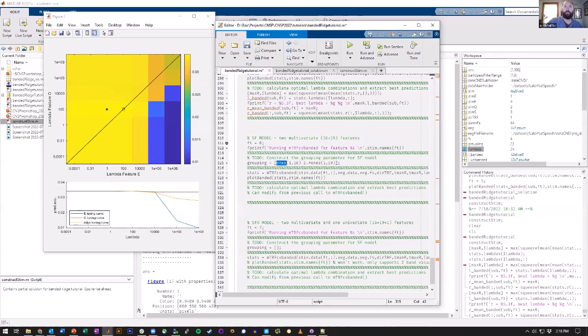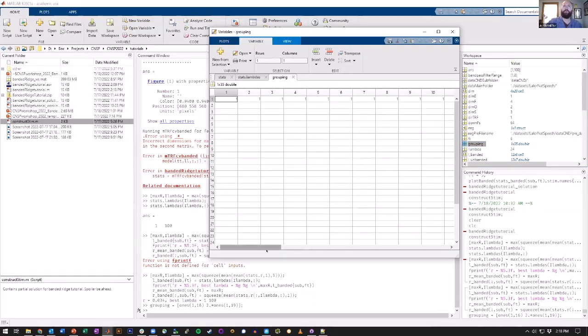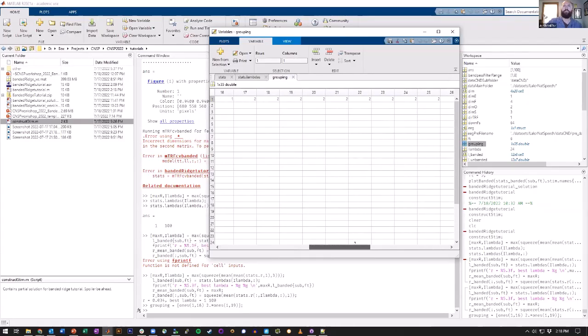I'm just going to use the function ones and have 16 of those ones, and then ones and have 19 of those ones and multiply it by 2. So this will give us a 1 by 35 matrix that looks like so. We got ones up into feature 16 and then 2s after that.